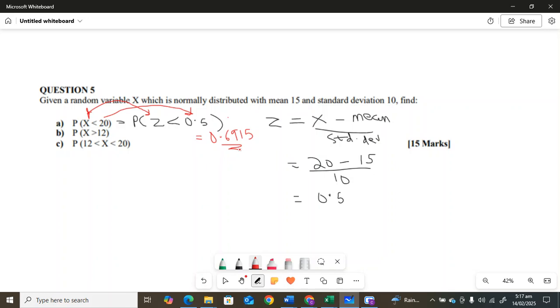Any questions? Yes. This sign, this less than sign here.